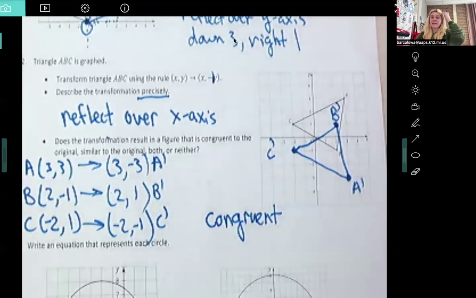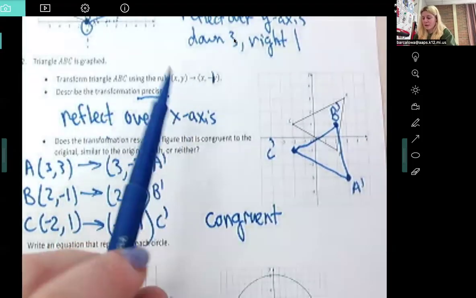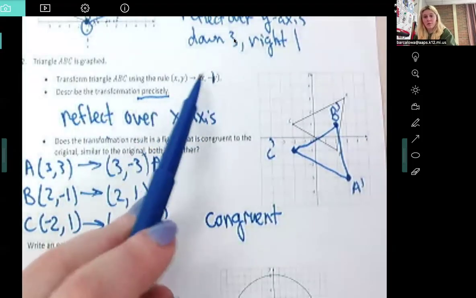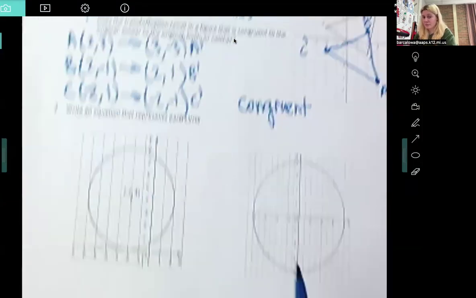That's because I did not perform a dilation in any way. If it was similar, there would have been a multiplier in front of both x and y. If it was neither, then I'd probably be scaling x and y by different values, right? Similar has to be scaling by the same value.